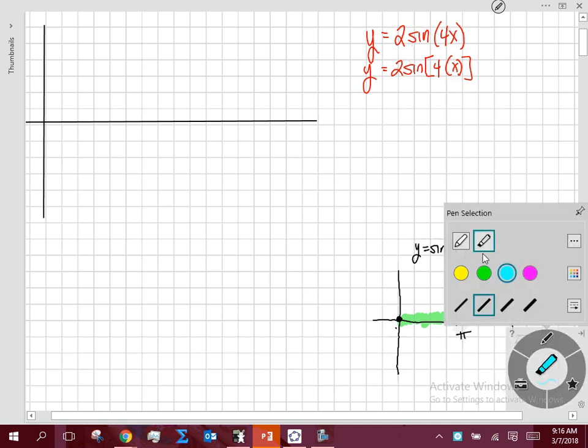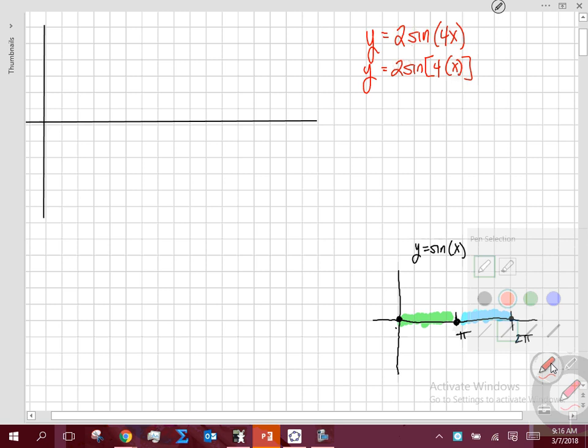And halfway inside those intervals you're going to have some new points. So at pi over 2 and 3 pi over 2, in the first one you're going to reach your maximum, and in the second one you're going to reach your minimum. And remember, all those ordered pairs come straight from the unit circle.